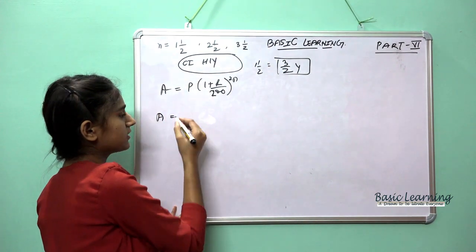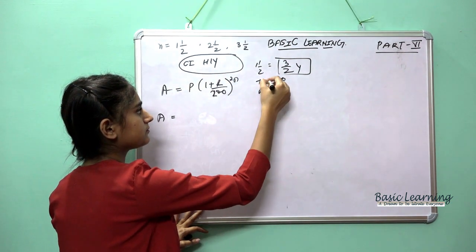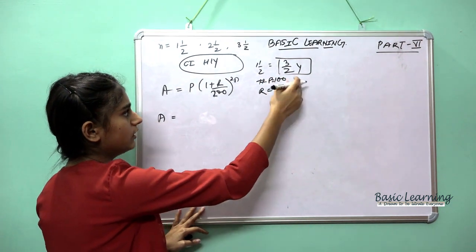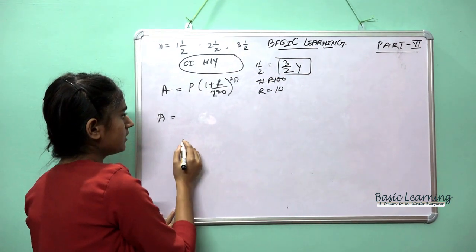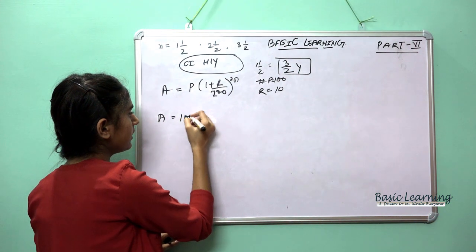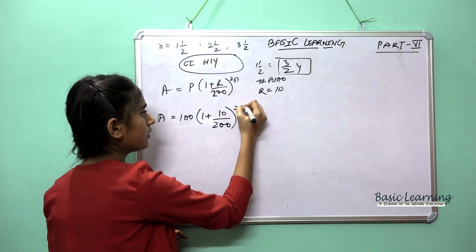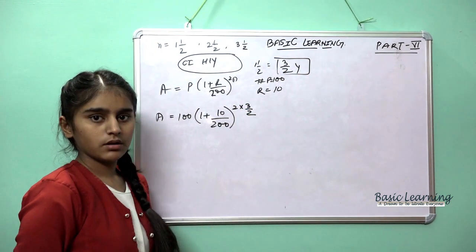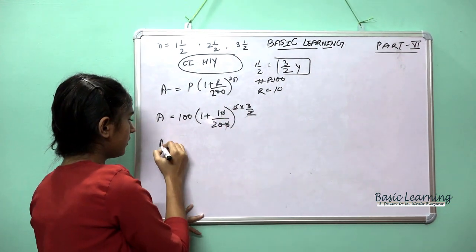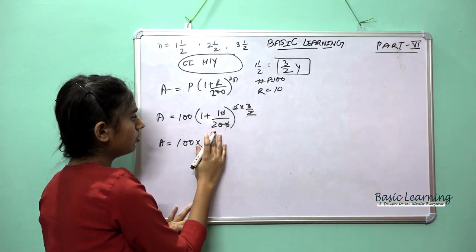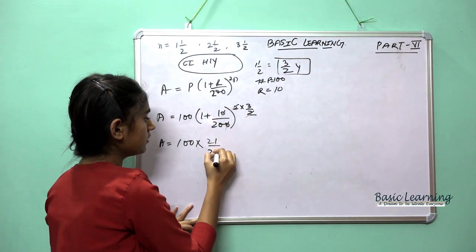Suppose the principal is rupees 100, rate is given to you 10%, and the time duration is given to you 1.5 years, that is 3 upon 2 years. Now put the values: 100 bracket 1 plus 10 upon 200 to the power 2 into 3 upon 2. Now 2 reduced by 2, 0 reduced by 0. 2 means 20 ones are 20 plus 1 gives 21 upon 20.